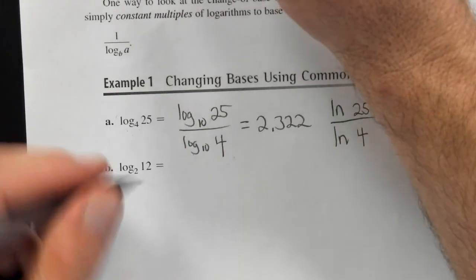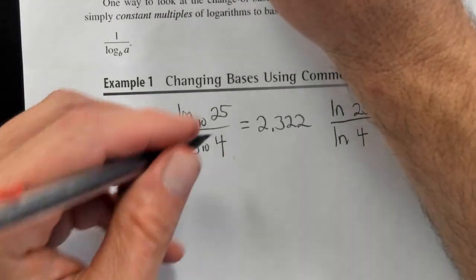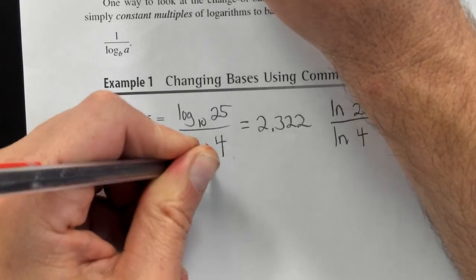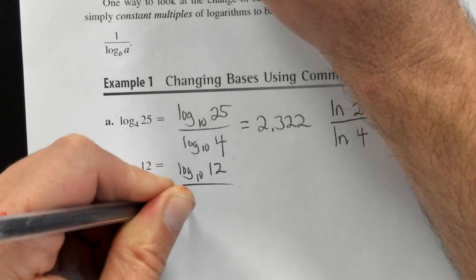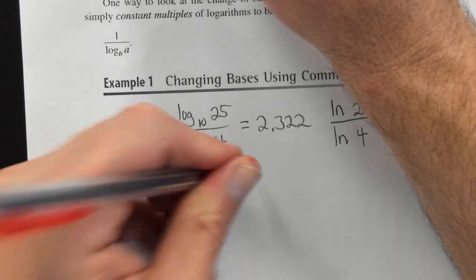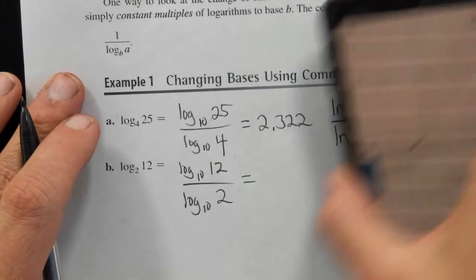Okay, if I wanted to evaluate this one, I could go change it to base 10 if I wanted to, log base 10 of 12 over log base 10 of 2, and we could divide that one out.